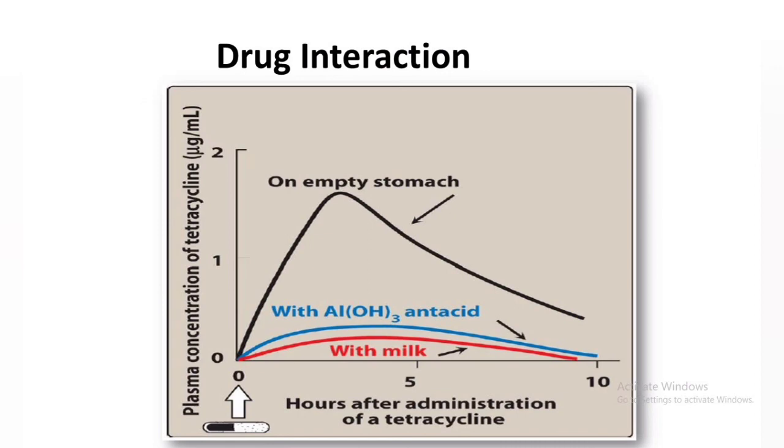It is shown that plasma concentration of tetracycline over the hours after administration of a tetracycline. On empty stomach, the absorption is best, whereas if it is taken with milk, it is reduced, and when it is taken with aluminum hydroxide, it forms chelation with tetracycline and does not get absorbed through our gastrointestinal tract.